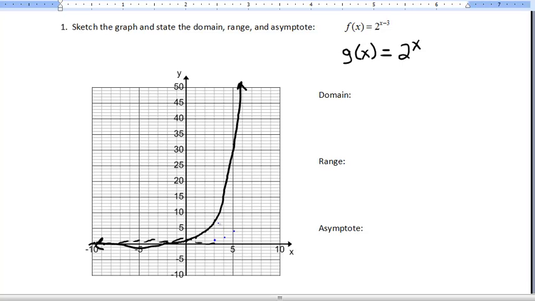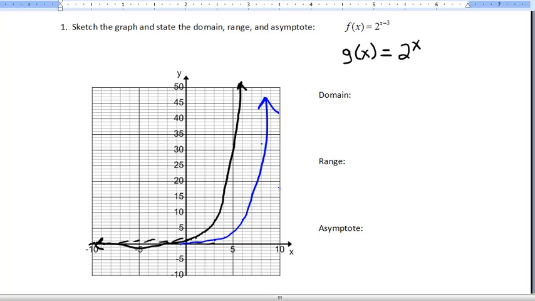Instead of 3, 8, it's going to be 6, 8. Instead of 4, 16, it's going to be 7, 16. And then up here is 8, 32. And again, the asymptote stays the same.